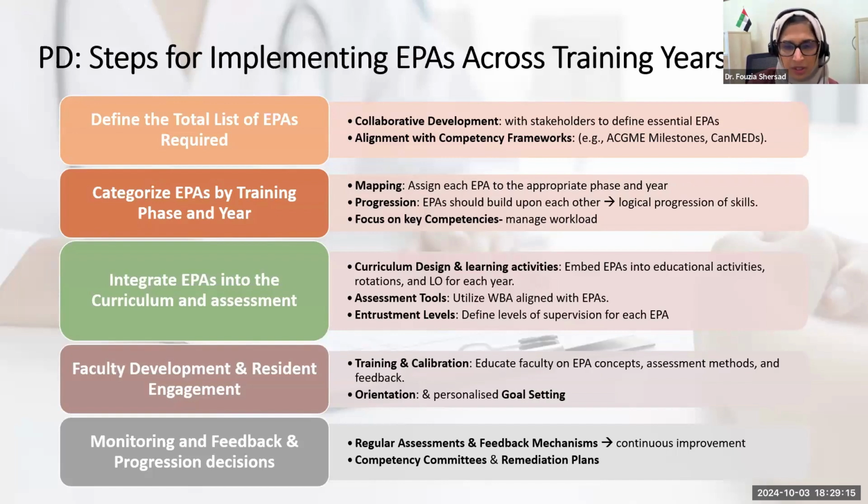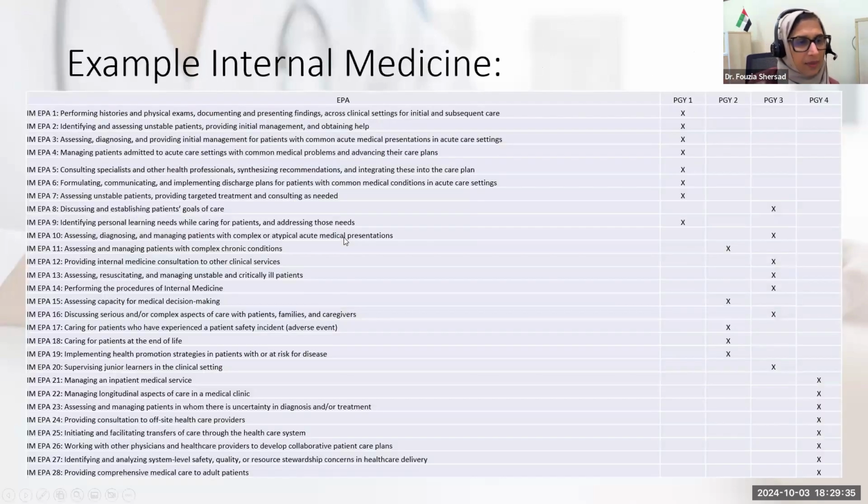When you go through those sections, you will find it has been clearly marked out at what time this EPA has to be achieved. To make it clear for you, we have a table. Ms. Hanuf, can you go to the next slide and then we can come back again? This is an example where we have all the EPAs listed here, and we have 4 tables here.